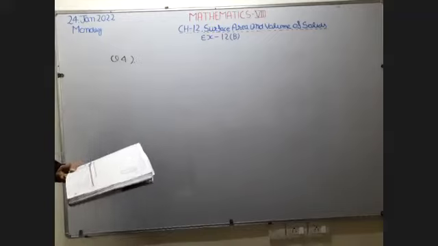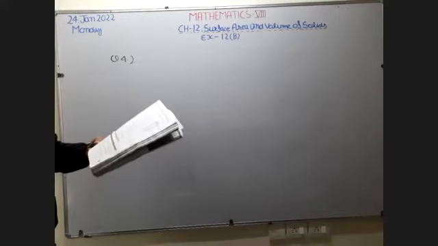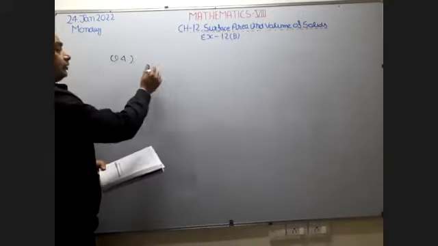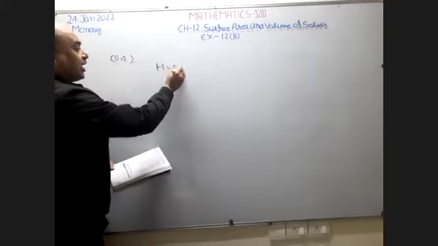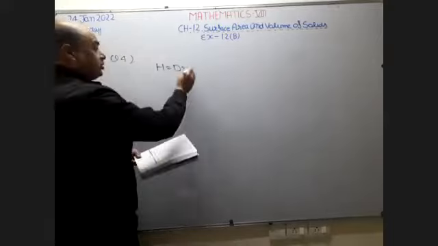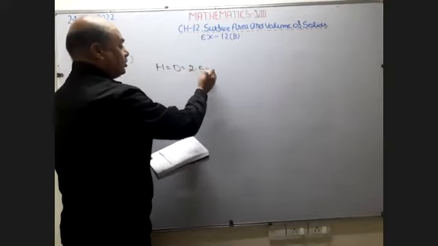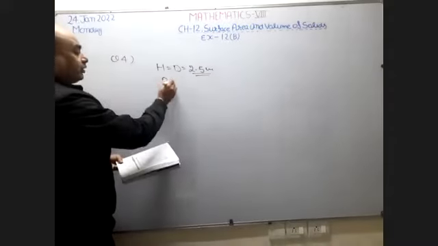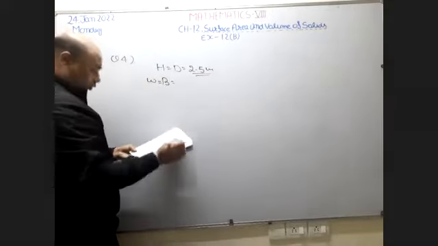Question number 4. Now one river is given. A river 2.5 meter deep. Deep means height. Deep or height, both are the same. So the depth, the height of the river, is given as 2.5 meter, and the width means breadth. Width and breadth are both the same.